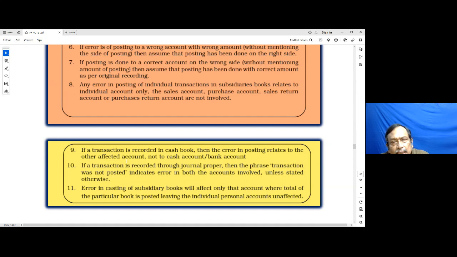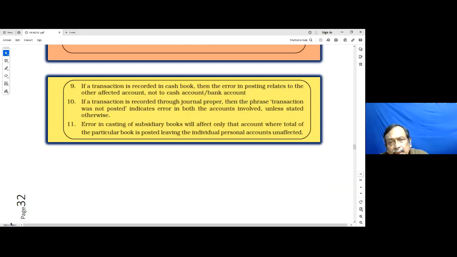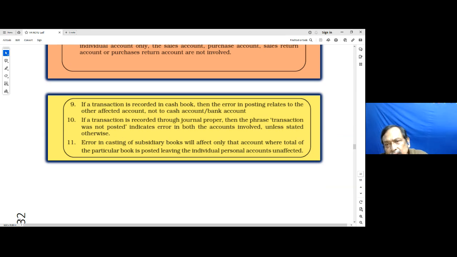Any error in posting of individual transactions in subsidiary books relates to individual account only. The sales account, purchase account, sales return account or purchase return account are not involved. If a transaction is recorded in cash book, then the error in posting relates to the other affected account, not to cash account or bank account.